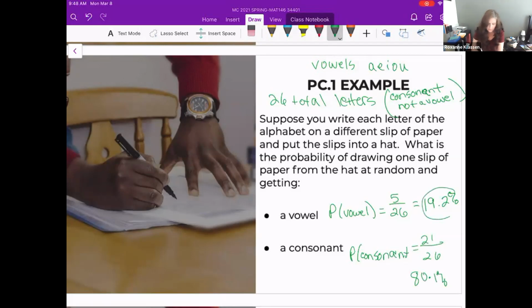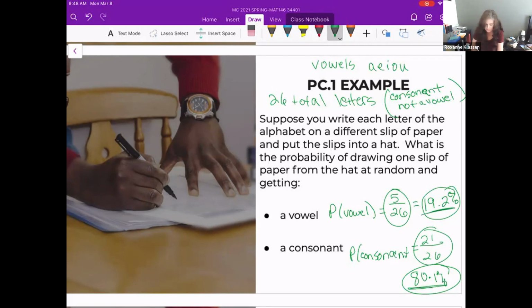Now, these totals should sum to 100%, and they don't right now. Why don't they right now? Why was it not perfect? I mean, 5 over 26 and 21 over 26 sum to 1, but our 19.2 and our 80.1 don't.